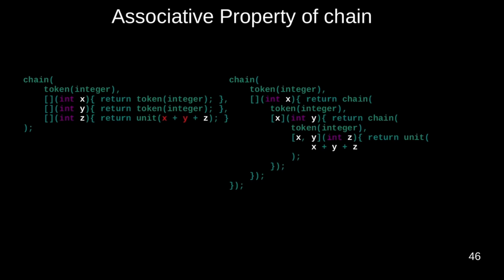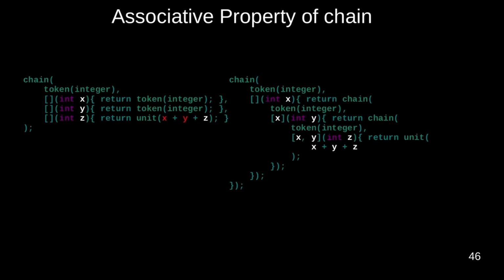Unfortunately, it doesn't work, because you just have the last integer at the end. So what you have to do is apply this trick of combining the last 2, and then you get a new lambda, and then you combine that, and you get that code on the right, which actually works. It solves the problem if you have the captures in the right places.